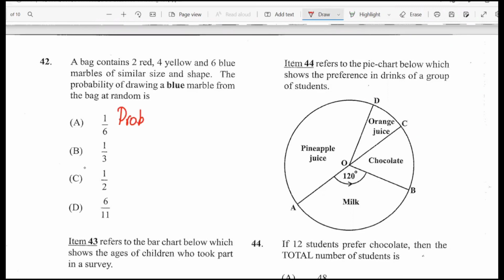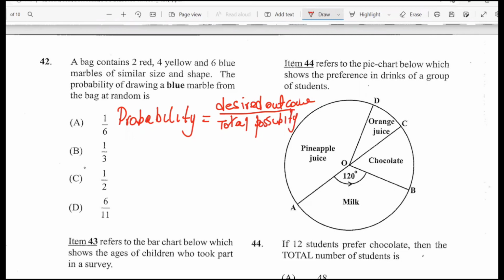Probability is simply the desired outcome divided by the total possibility, or what you would call sample space. So I'm going to write total possibility, which is the sample space, the total.